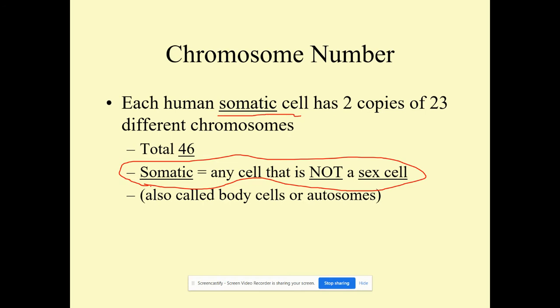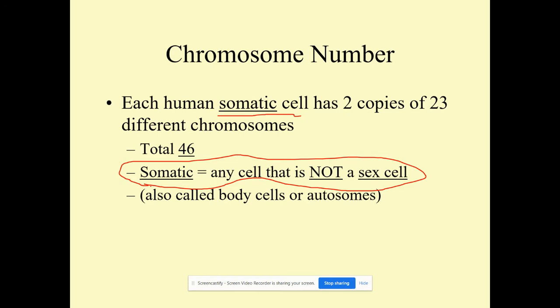So all your 3.2 billion nucleotides are divided up into pieces, chromosomes, and you have 23 pairs of chromosomes, giving you a total of 46. And why do they occur in pairs? Because you got 23 from your mom and 23 from your dad.